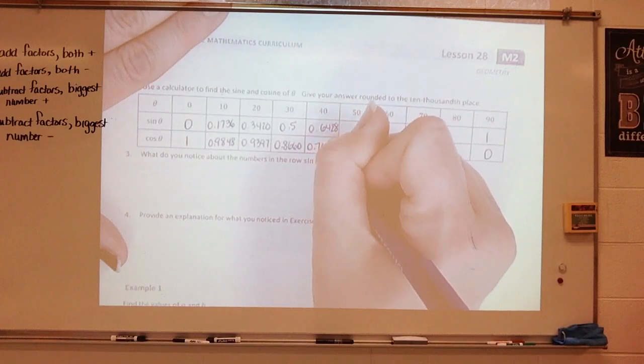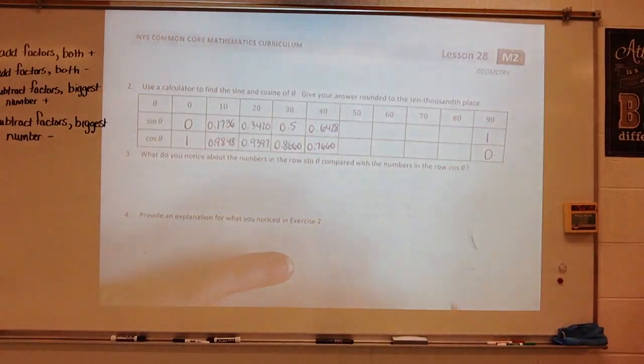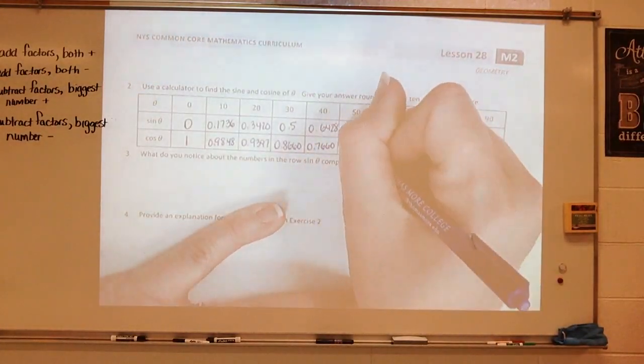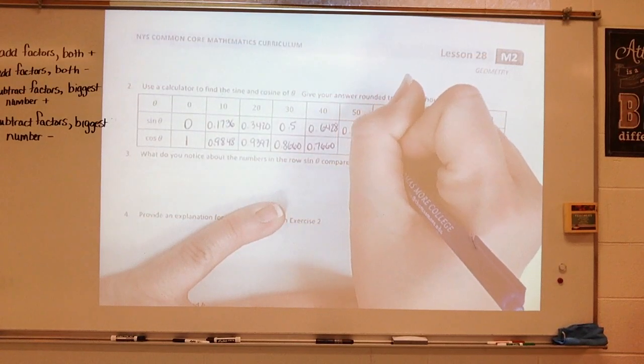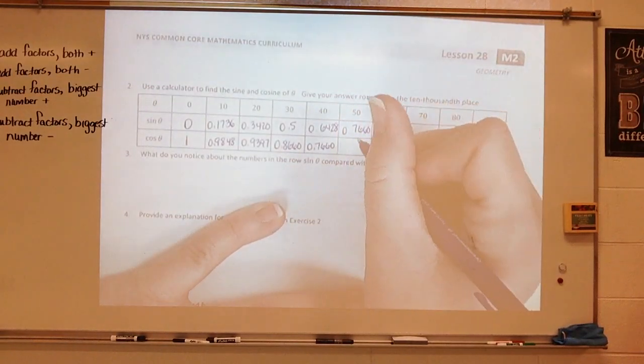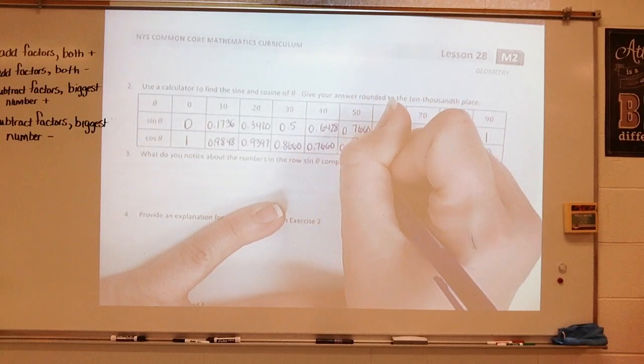And I don't know why they don't give us more of a box to put 5 digits and a decimal, but they don't. So we're just going to squeeze them in the best that we can.